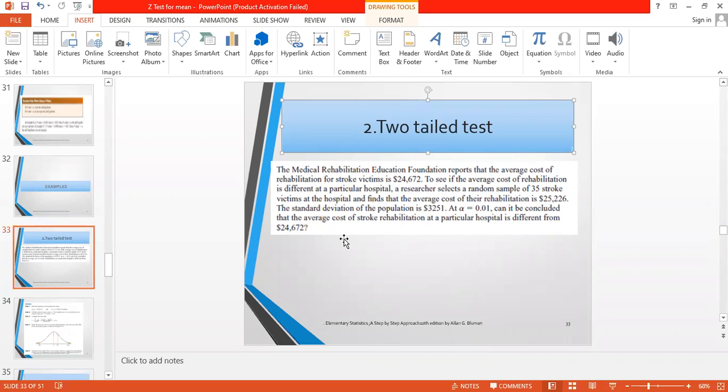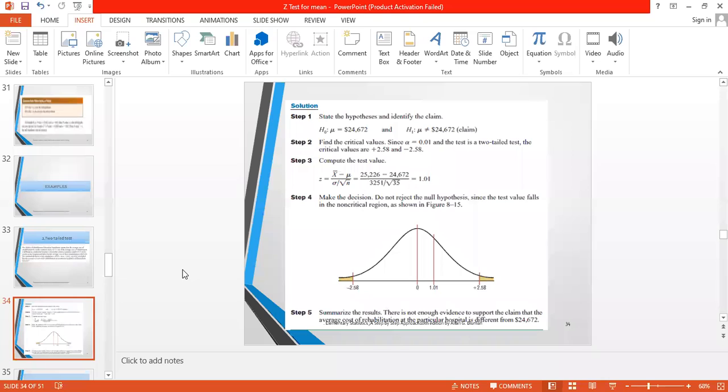The standard deviation of the population is $3,251. At alpha 0.01, can it be concluded that the average cost of stroke rehabilitation at a particular hospital is different from $24,672? So now we can see how we solve this example.